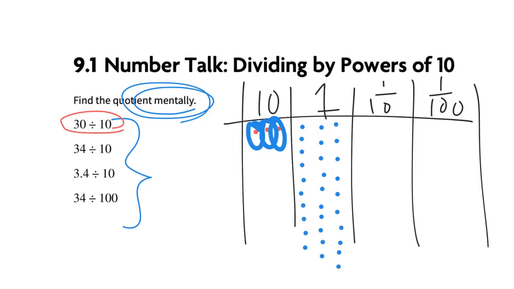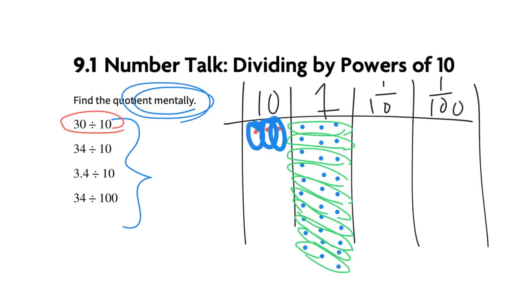And then if we are dividing by 10, we had to take these 30 dots and group it into 10 equal sized groups. Well, what is that going to look like? Well, each group is going to be 3 dots. My dots were not perfectly drawn. 1, 2, 3, 1, 2, 3, 1, 2, 3, and 1, 2, 3.